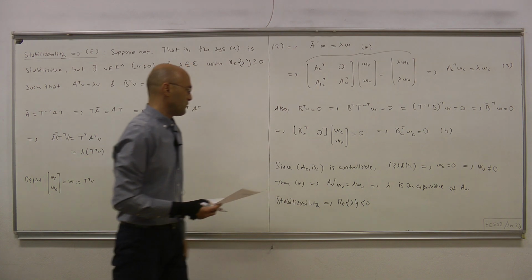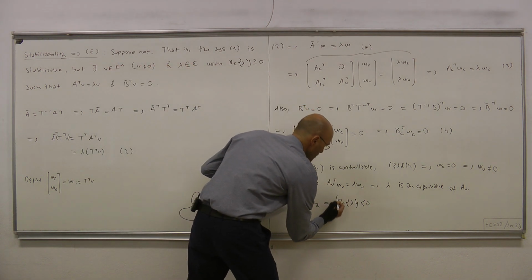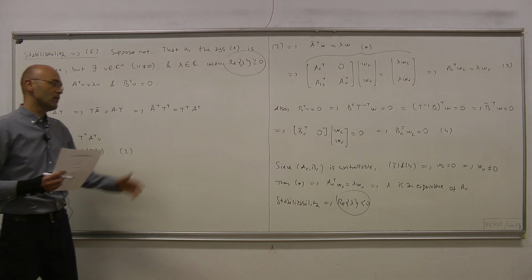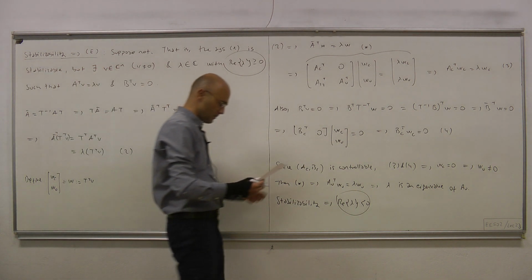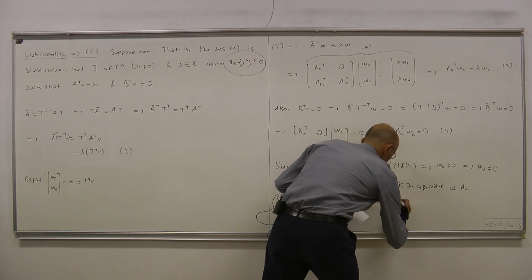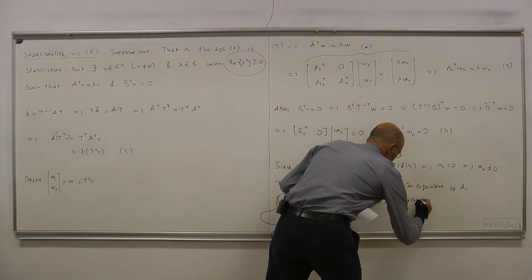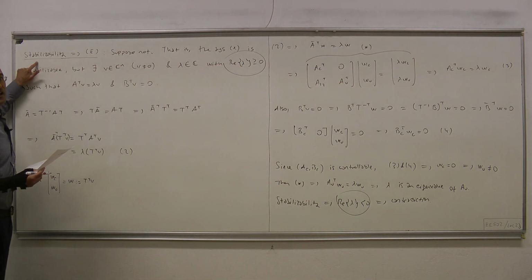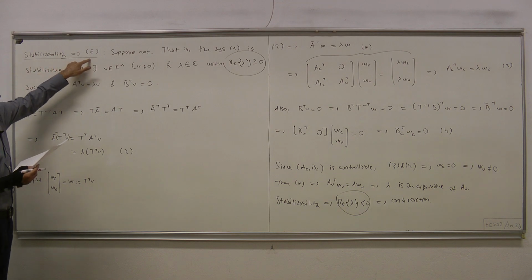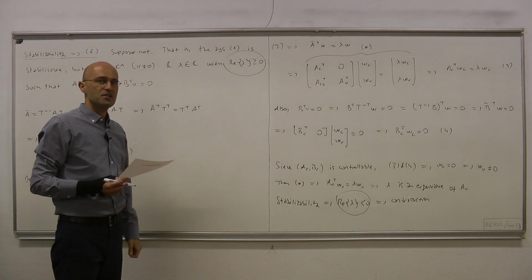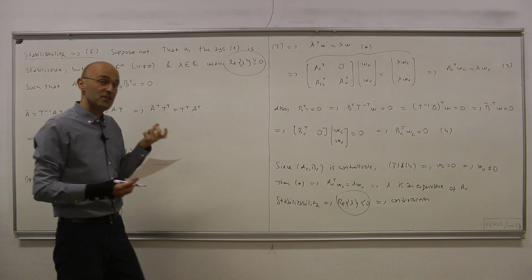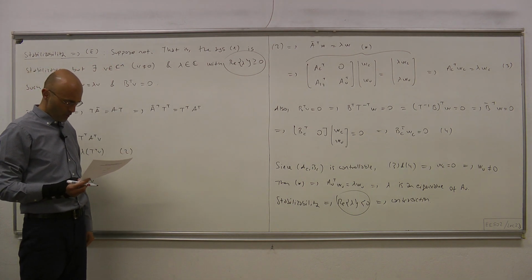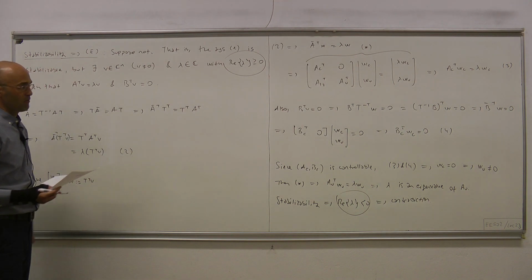So what we have obtained is this and this must hold simultaneously, which clearly is a contradiction. Therefore, this has been shown: if a system is stabilizable, then the eigenvector test condition is satisfied. Now we're going to show the reverse direction.